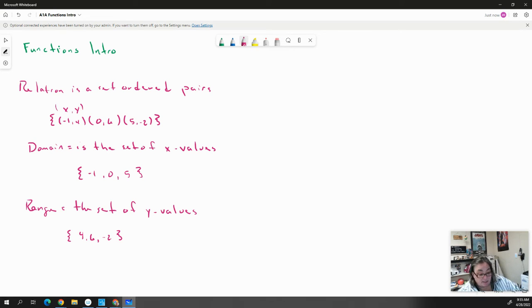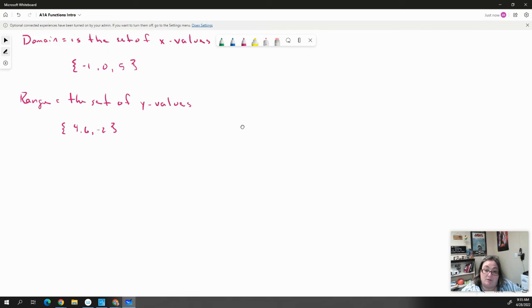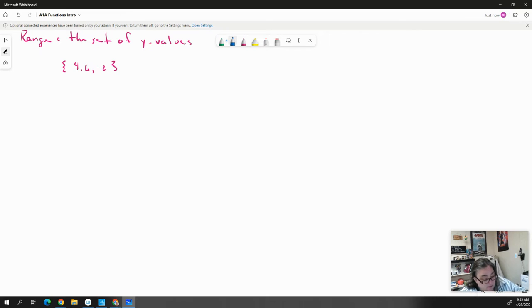Now, the difference between a function and a relation is that a function, let me scroll on up here. A function, which is what we're talking about for the next quite a while, that's our next unit. A function is a relation that has a relationship between the values.